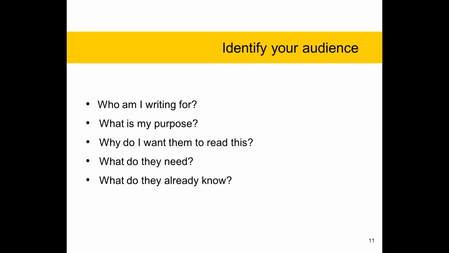You may have heard this in other courses, any writing course. Who's your audience? Who are you writing for? What is your purpose? Why do they need to read this? What do they need to know? What do they know already? These are some of the things you have to know as you are gauging what to write.